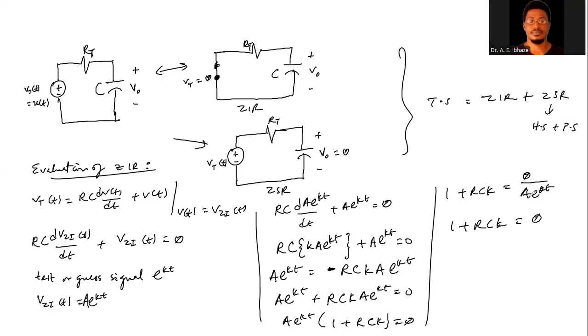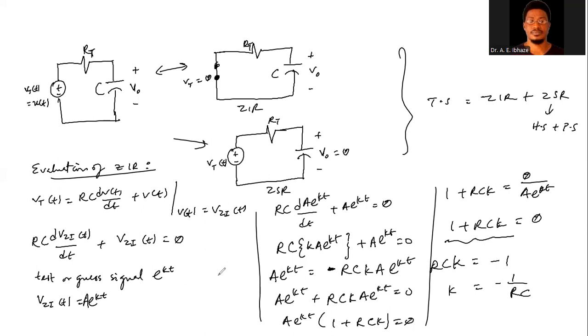You now observe that the characteristic equation of this differential equation, 1 plus RCK, will be such that RCK is equal to minus 1, so that K will be equal to minus 1 over RC.